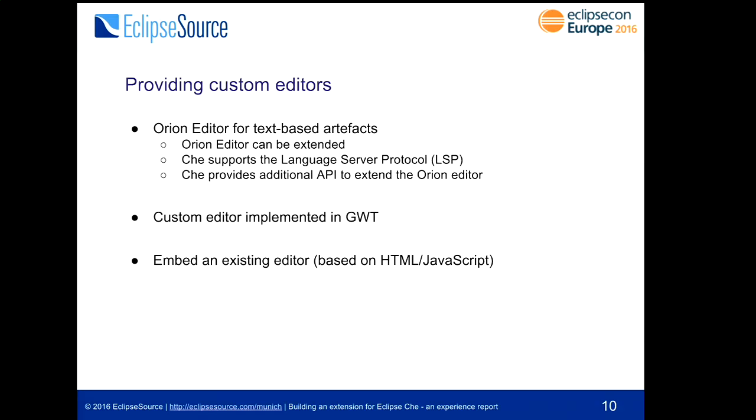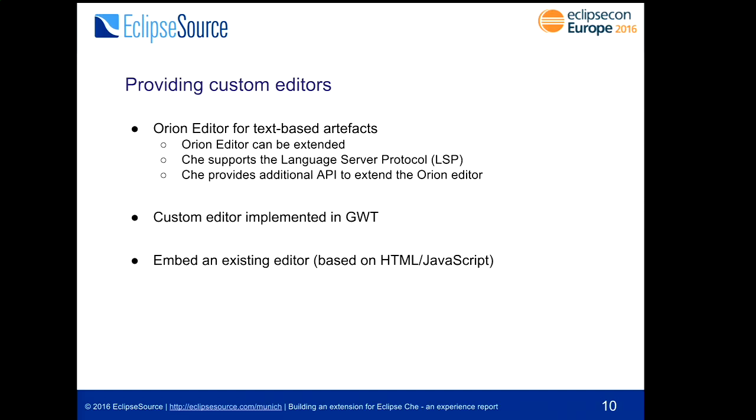And this is extremely powerful because you can embed any HTML, JavaScript-based component that you want. So in other presentations, we have heard about this Monaco editor. If you want to use that, it should be possible to embed it there. And that opens up a really huge variety of existing components that you can use.